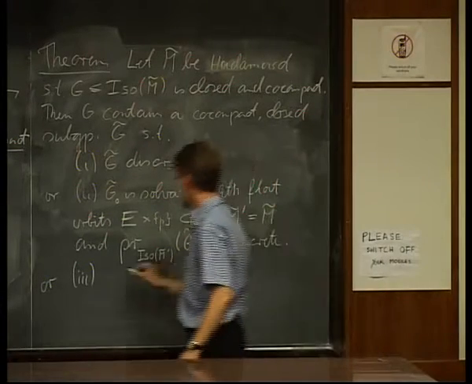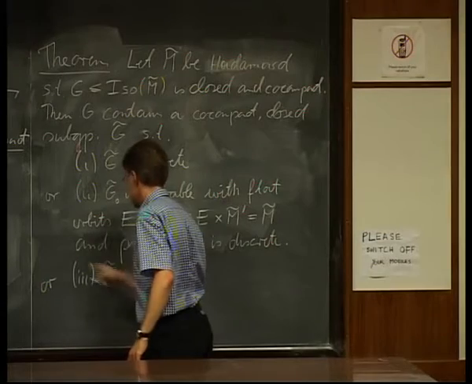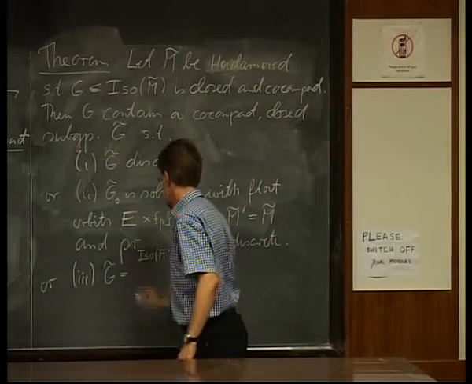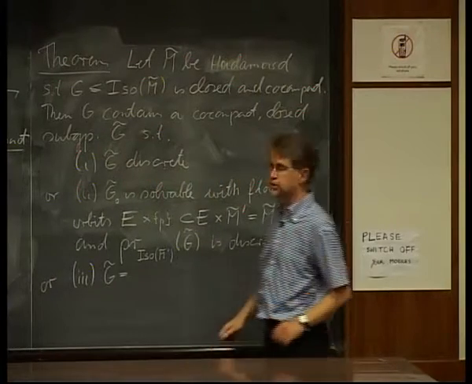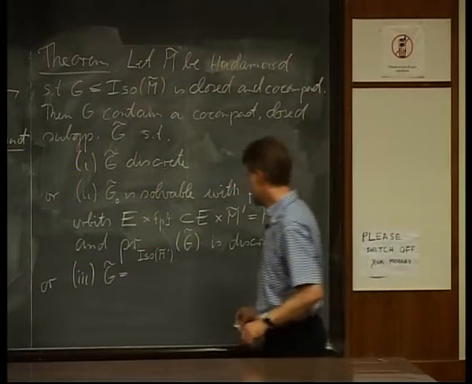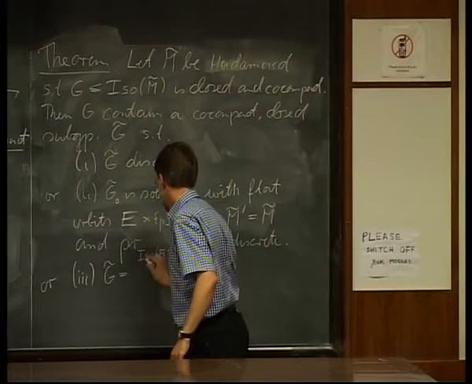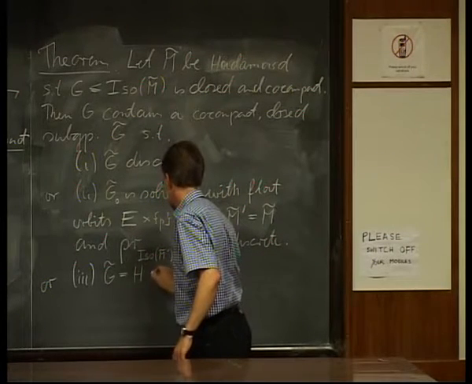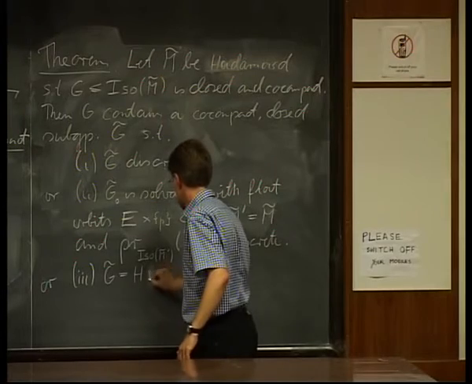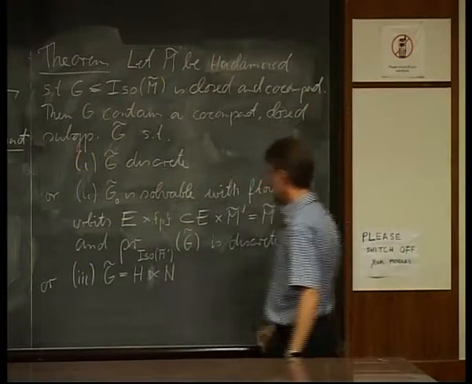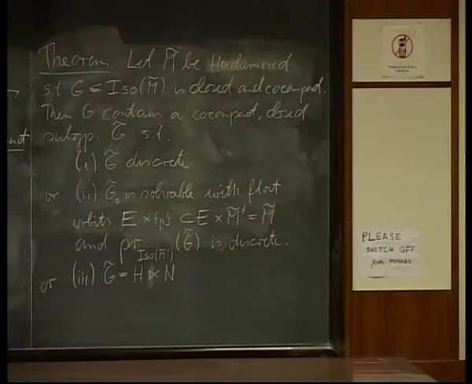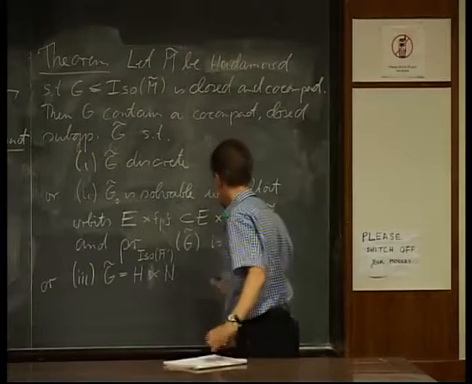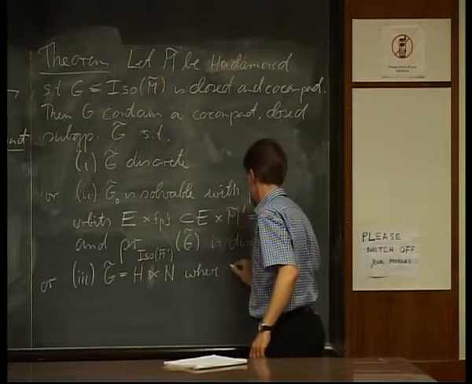Or third possibility, there exists a subgroup G tilde, which looks as in type B. It's a semi-direct product of a nilpotent normal subgroup and a complementary group H. And here N is nilpotent, as I mentioned.